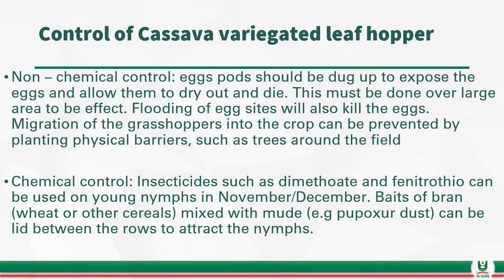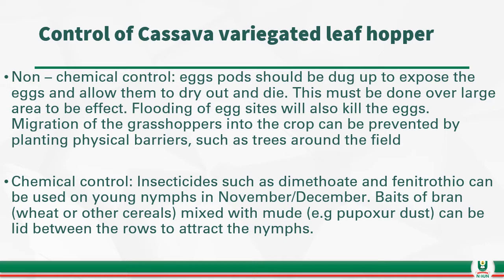This should be done over a large area to be effective, because this grasshopper moves in numbers. When they lay their eggs, they do so in numbers. So you have to do it in a very large area to make sure that this system is effective.